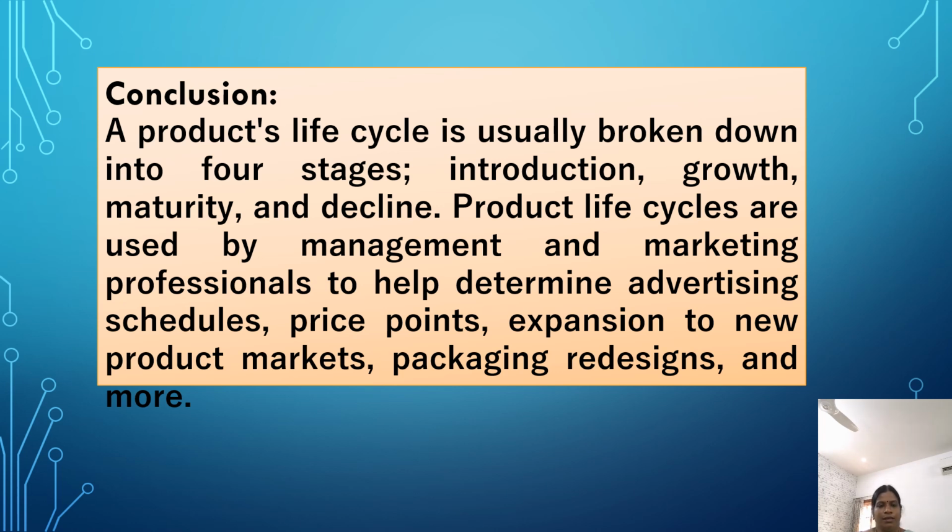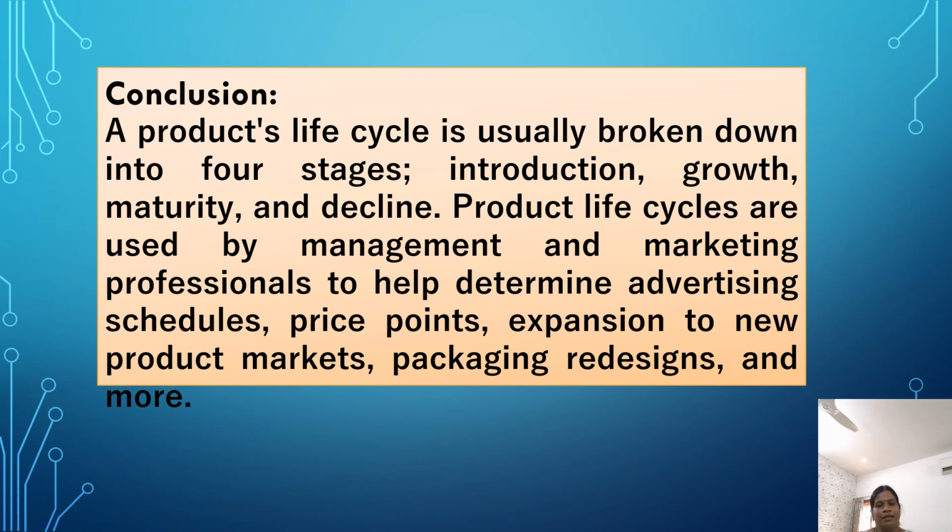To conclude, the product life cycle is usually broken down into four stages: introduction, growth, maturity, and decline. The product life cycle is used by management and marketing professionals to help determine advertising schedules, price points, expansion of new product markets, packaging redesign, and more.